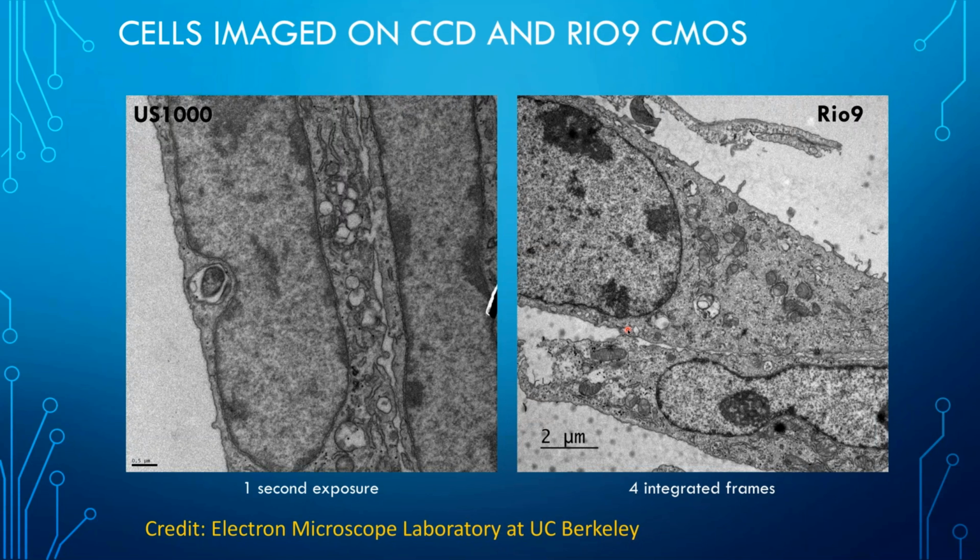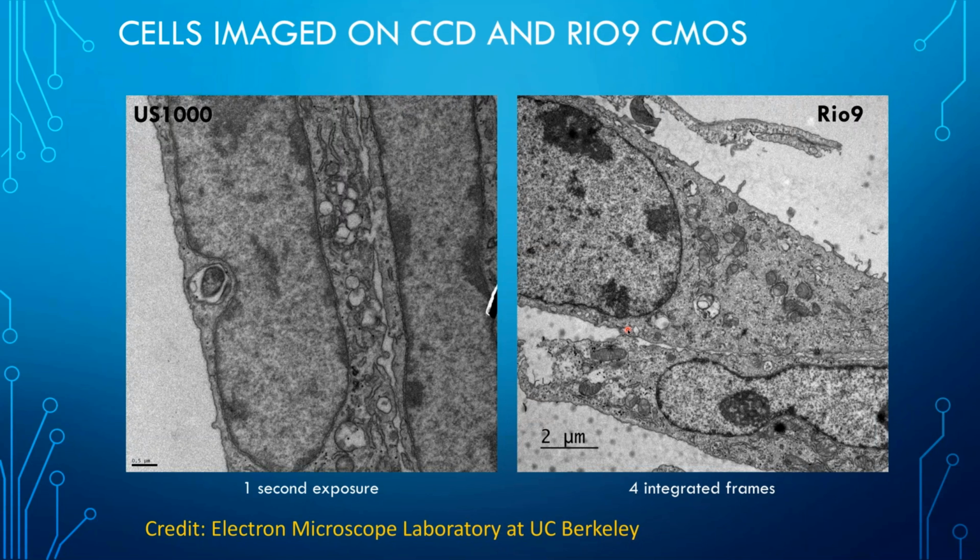We can obviously run our CCD at a faster exposure, but you really sacrifice quality and sensitivity, because you're just not collecting as much information per scan. Here with the CMOS, with the Rio, it was immediately off the bat collecting incredible data without even trying.